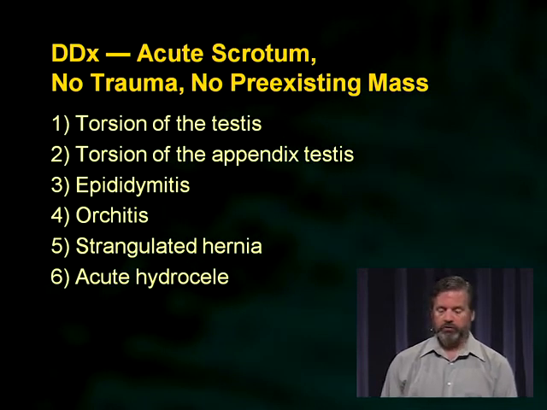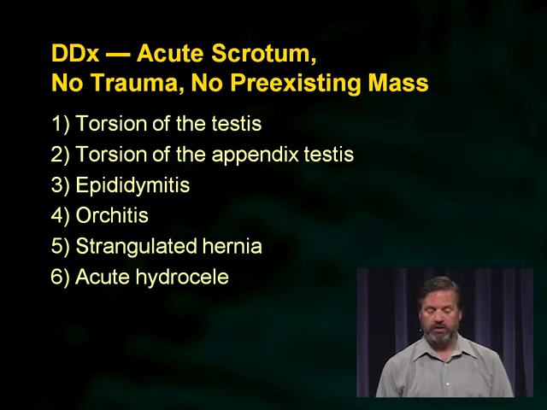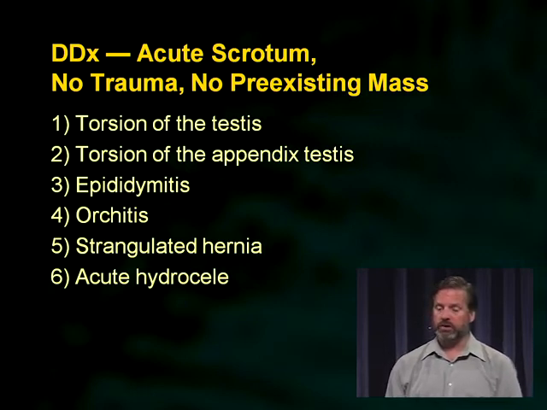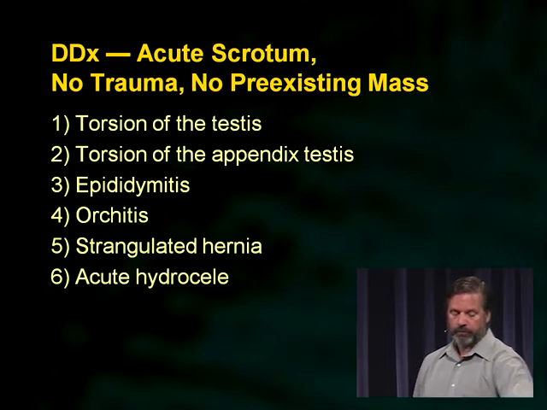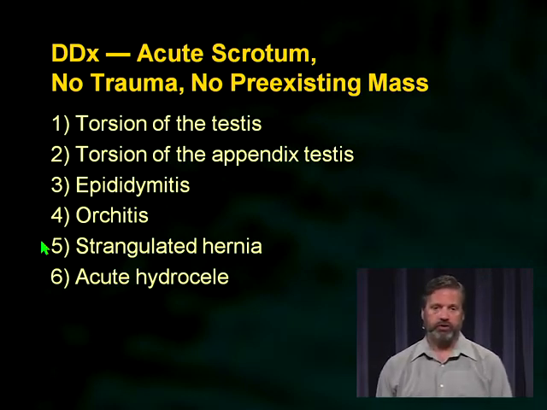So for the differential diagnosis of the acute scrotum with no history of trauma and no history of a pre-existing mass, I listed for you the 6 things that you need to think about. And some of them need to be treated medically and some need to be treated surgically. And you need to sort that out. So 1 and 5 are going to require treatment with surgery, right?